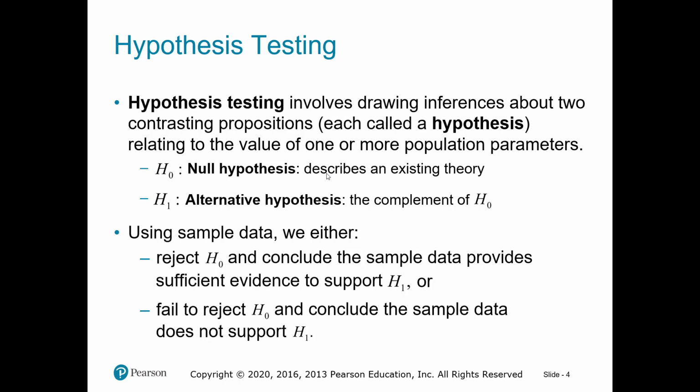We're trying to gather evidence to reject our null hypothesis in favor of our alternative hypothesis. So we have two possible conclusions. We have enough evidence, so we reject the null hypothesis, or we don't have enough evidence and we fail to reject the null hypothesis.